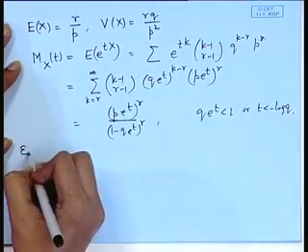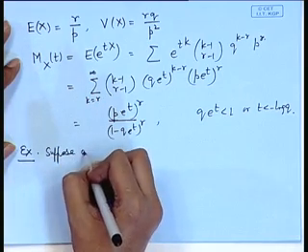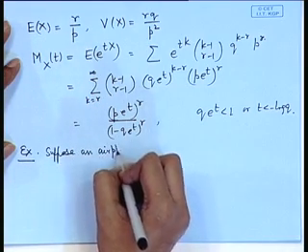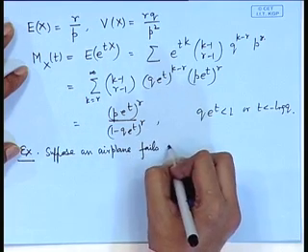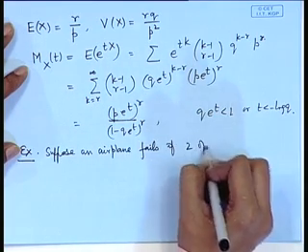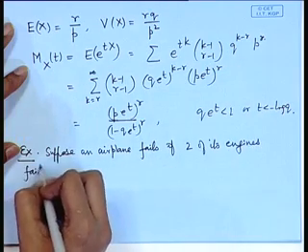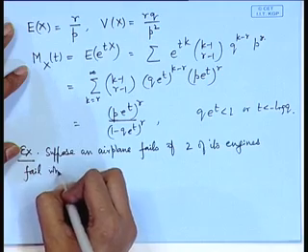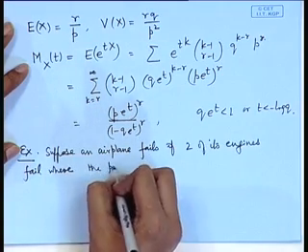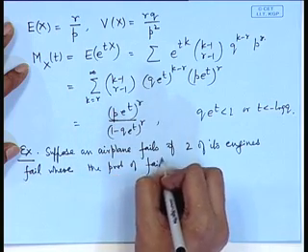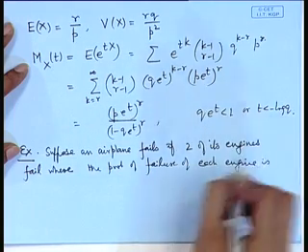Let us look at one application of this negative binomial distribution. Suppose an airplane fails if two of its engines fail, where the probability of failure of each engine is say p.